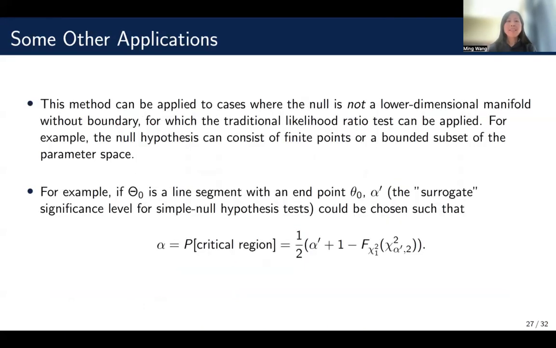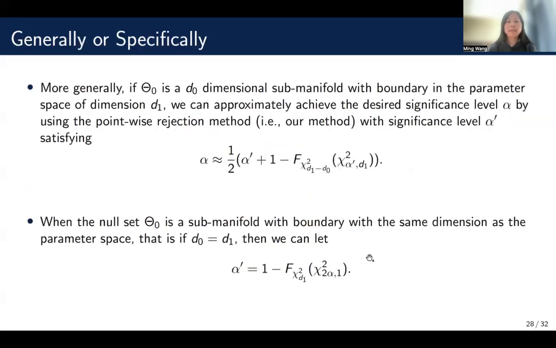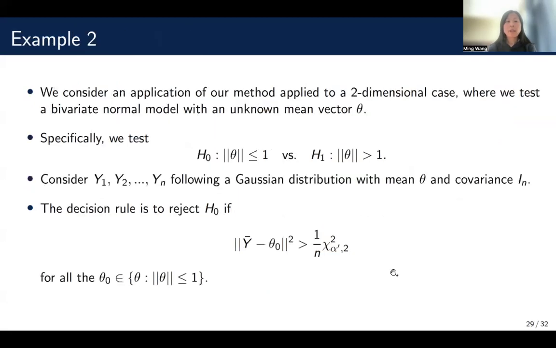We explored some other applications as well, like higher dimensional cases with our new method. For example, we calculated alpha prime by this equation, and we also studied what alpha prime will be when d0 equals d1. We explore the result with example 2. Consider a two-dimensional case.